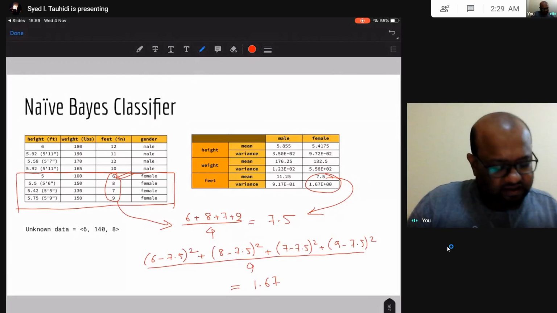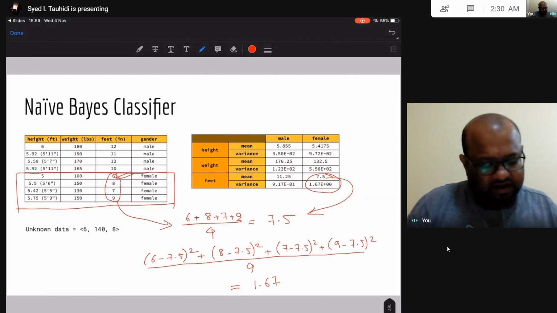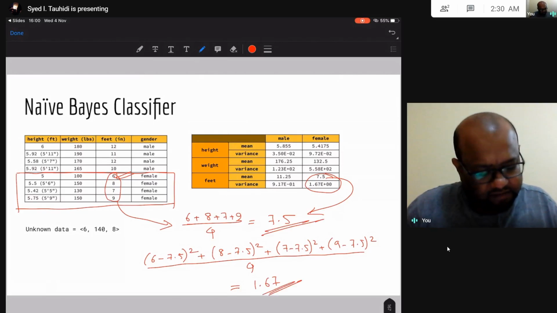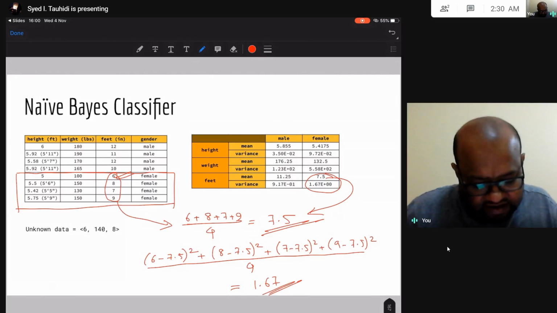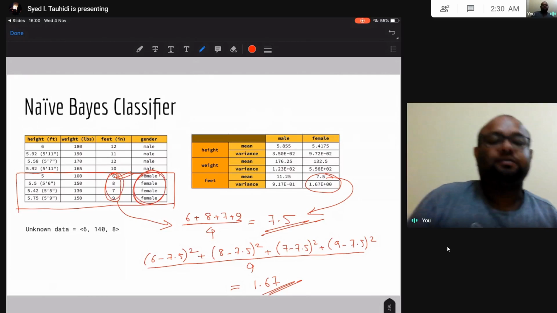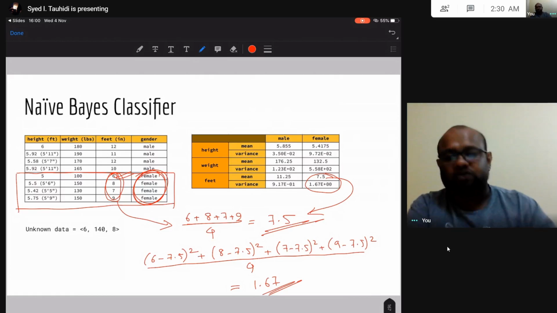This is how I calculate the variance and mean of foot size given that the person is female.